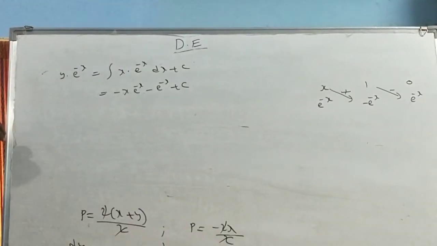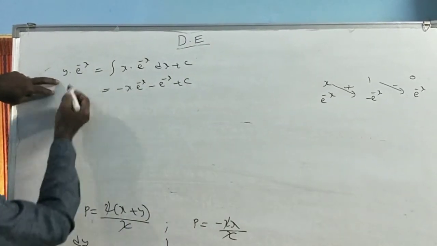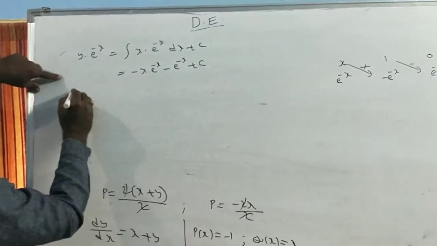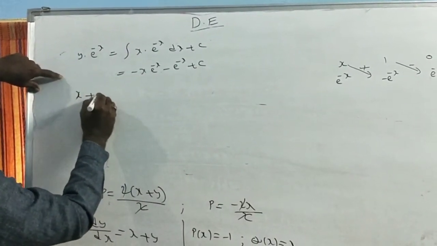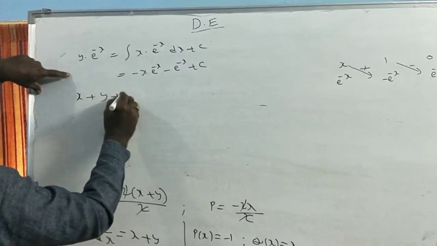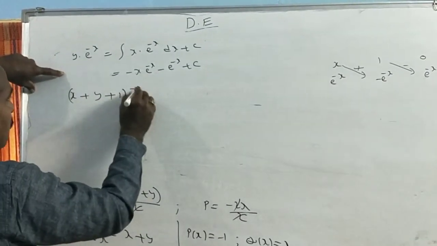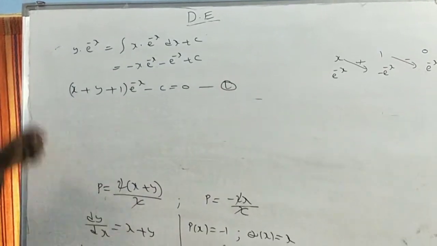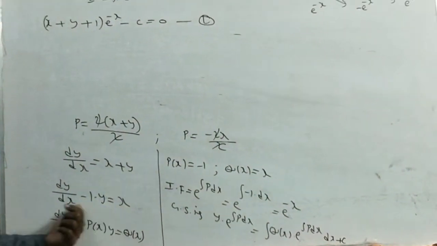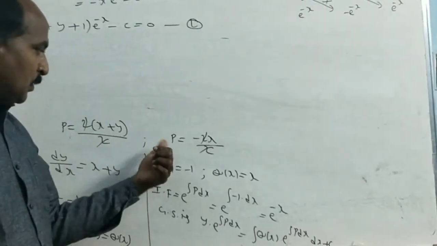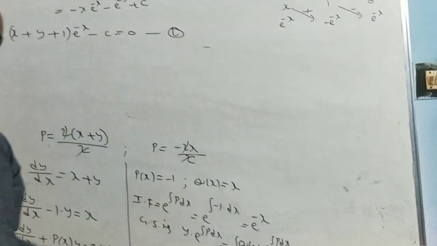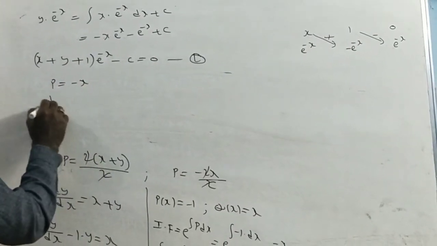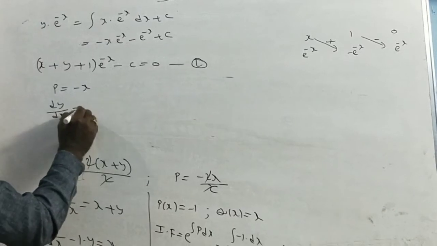So we get, taking e power minus x common, x plus y plus 1 into e power minus x minus c equal to 0. This is the solution for this linear differential equation. Now the solution for p equal to minus x: p is nothing but dy by dx, so dy by dx equal to minus x.